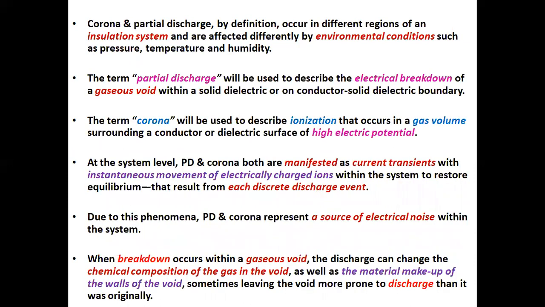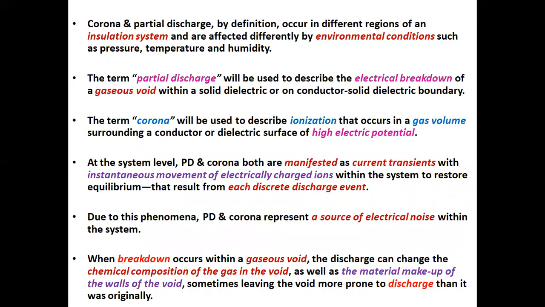Corona and partial discharge, by definition, occur in different regions of an insulation system and are affected differently by environmental conditions such as pressure, temperature, and humidity.